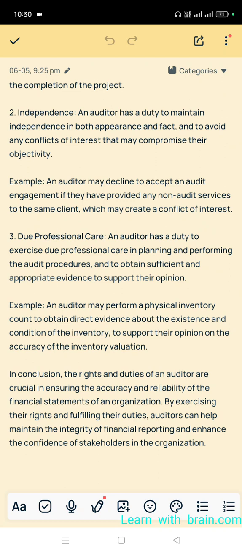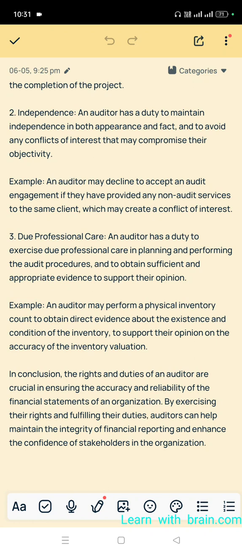For example, an auditor may perform a physical inventory count to obtain direct evidence about the existence and condition of the inventory to support their opinion on the accuracy of the inventory valuation. What is the third duty? Due professional care. That means you have to support the opinion on the accuracy of the inventory valuation with physical verification.